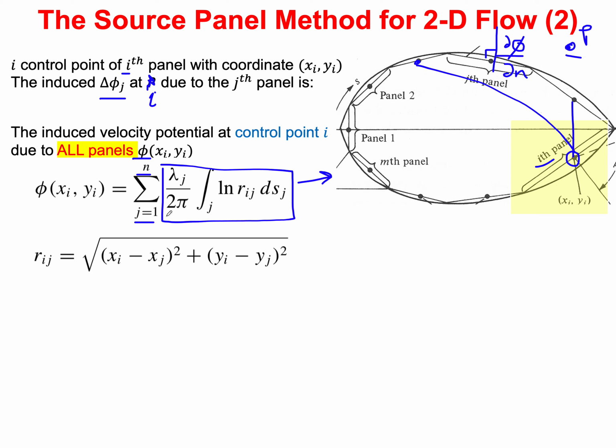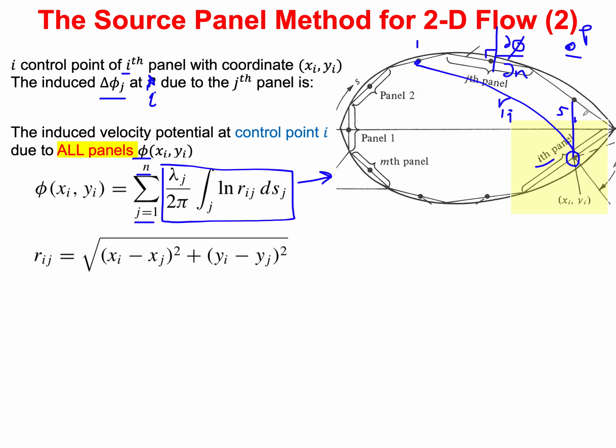And the distance, as you see, for each j here is the distance between my panel I. So this is R. Let's call this panel 1, R1,I. And let's call this panel 5.